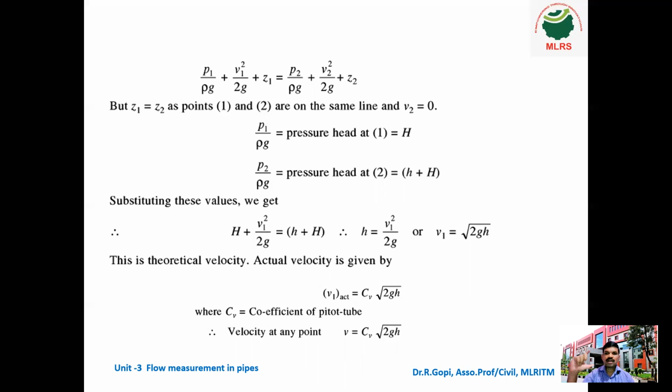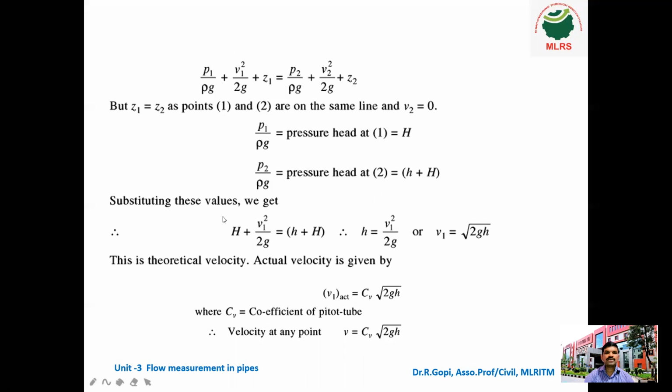So the overall height is capital H plus small h. Substituting these values, we get P1 by rho g is H, plus V1 square by 2g. Z1 and Z2 get cancelled because both are the same, which is equal to P2 by rho g, which is H plus h.